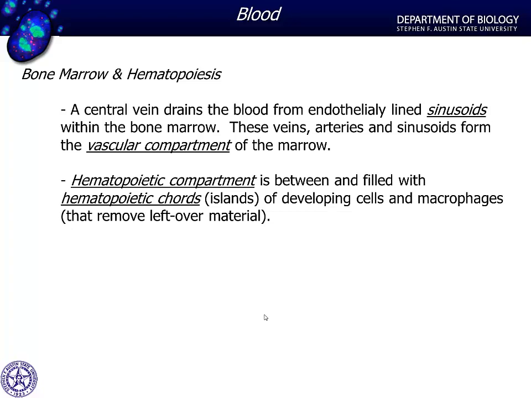That's within this vascular compartment. And it's filled with cells that are packed so tightly together that we call them hematopoietic cords or hematopoietic islands. And this is really going to almost give this hollowed-out space its structure, just how the cells are packed into the spongy bone cavities themselves.